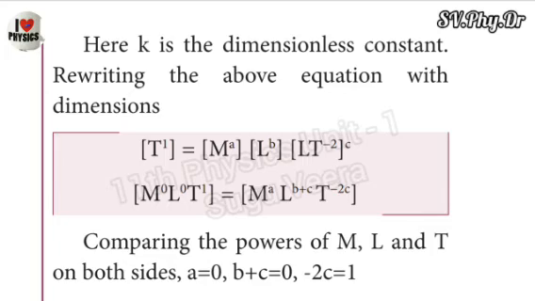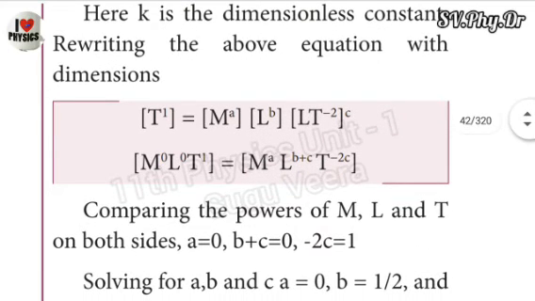So the bracket of T power 1 is equal to the bracket of M power a into L power b into L T power minus 2 whole power c. Rearranging this equation, M power of 0, L power of 0 and T power of 1 is equal to M power of a, L power of b plus c, T power of minus 2c.